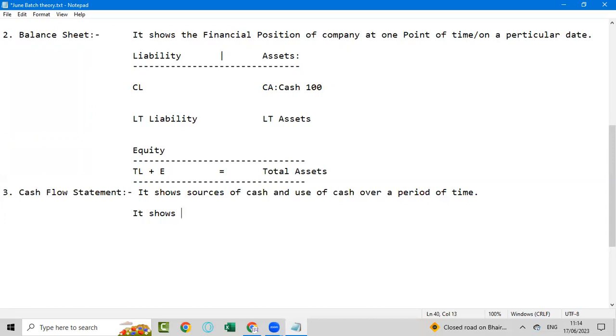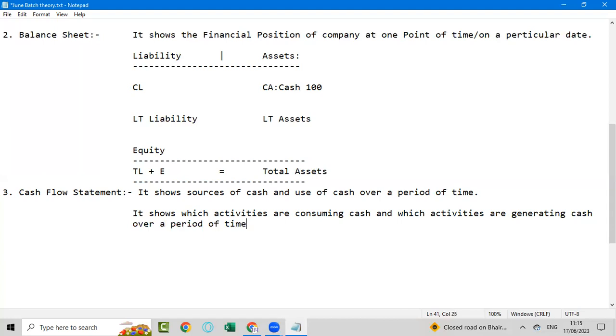Just another definition, it shows which activities are consuming cash and which activities are generating cash over a period of time. Again, this time can be 3 months, 6 months, 9 or 12 months, right?